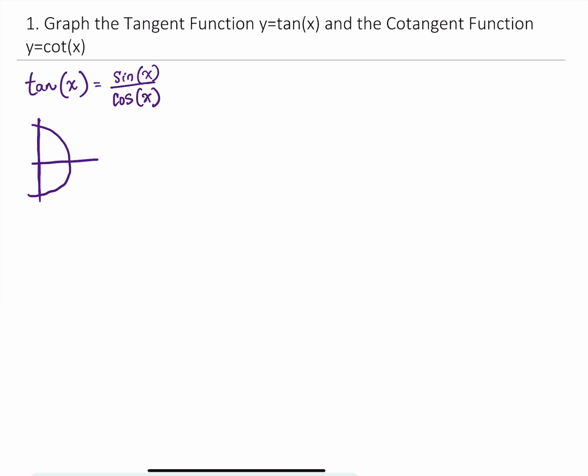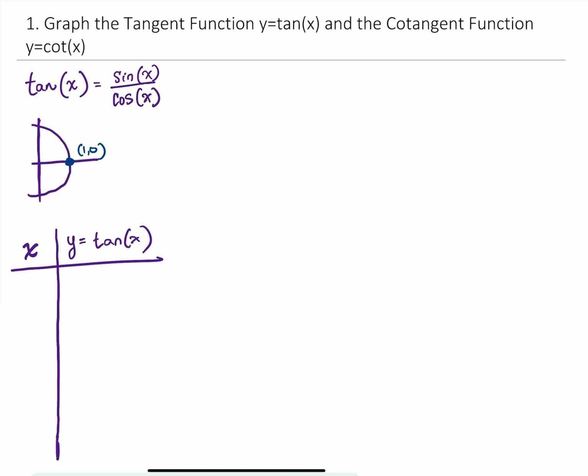So let's build a table of values. We'll have input values and then whatever the associated tangent values are, which we'll call y. So you can imagine at 0, this is the point 1 comma 0 because we're on the unit circle of radius 1.